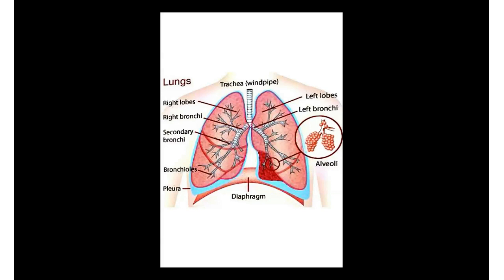Then the right and left bronchi further divide into bronchioles, and at the end of these bronchioles, inside the lungs, you see a tree-like structure, with leaf-like structures and at the end a fruit. So at the terminals we have alveoli, and alveoli resemble grapes. Okay, and what is the function of these alveoli? All exchanges of carbon dioxide and oxygen take place at these alveoli because they are covered with blood capillaries.